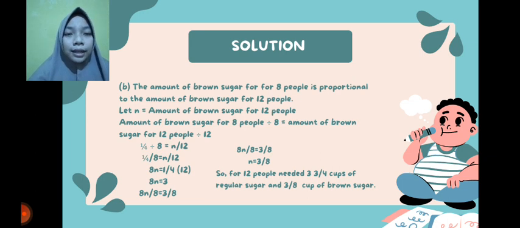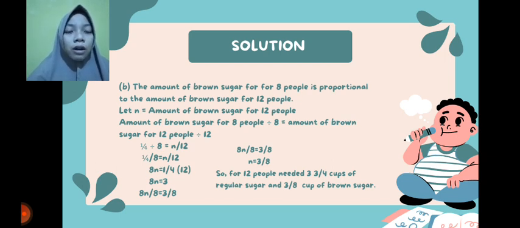And then we get a quarter divided by 8 equals N divided by 12. We cross multiply and we get 8N equals a quarter times 12, and then we get 8N equals 3. Both sides we divided by 8 and then we get N equals 3 over 8.